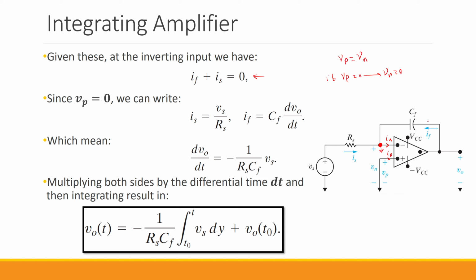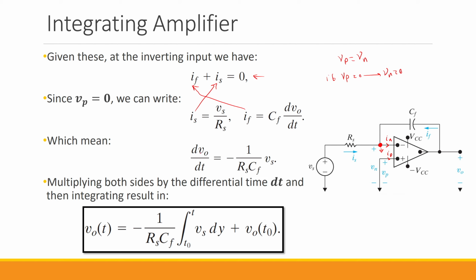So the current that goes through the capacitor is in proportion with CF multiplied by the derivative of the voltage across the capacitor over time. Now we can simply replace these equations here, and if we do that, what we have is dVO over dt equals negative 1 over RS CF multiplied by Vs.